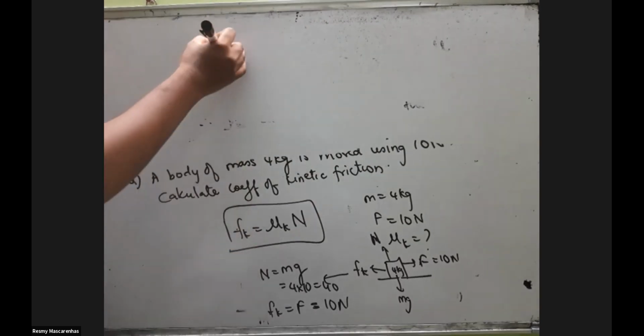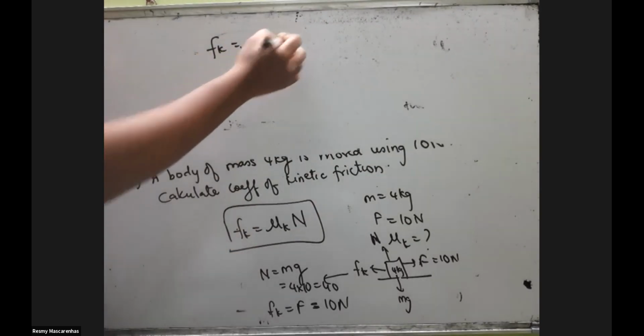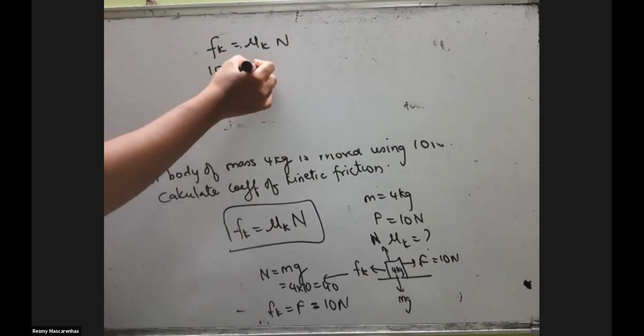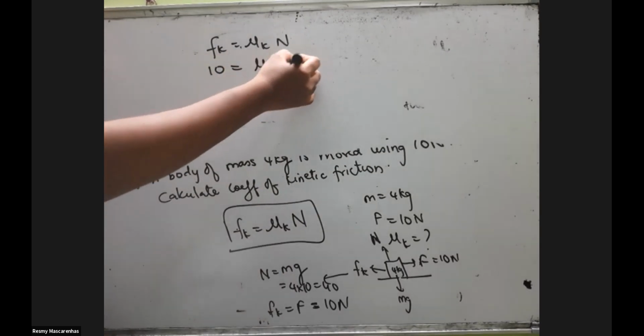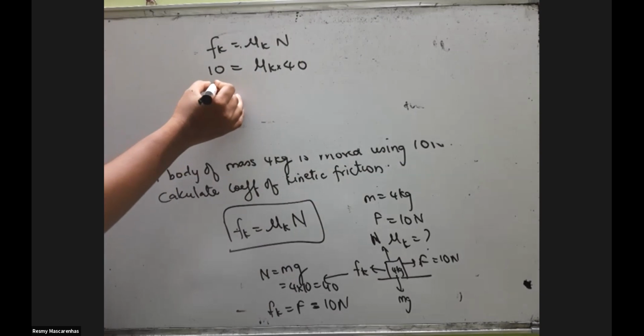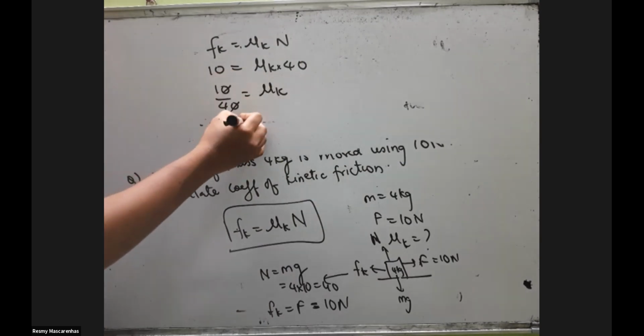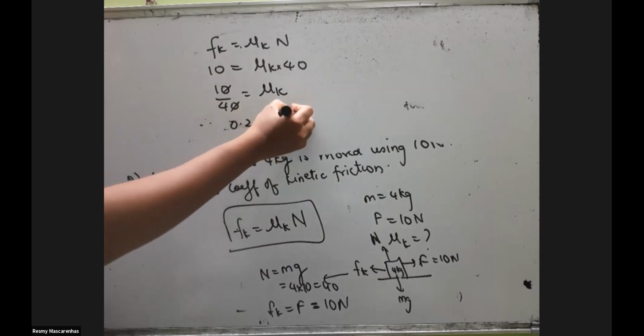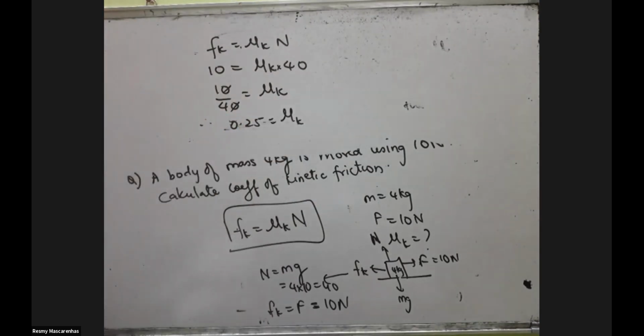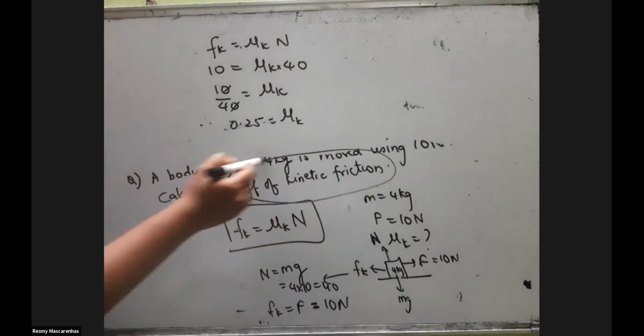Fk is mu k into N. This we got as 10, this we got as 40. So 0.25 will be your coefficient of kinetic friction, mu k.